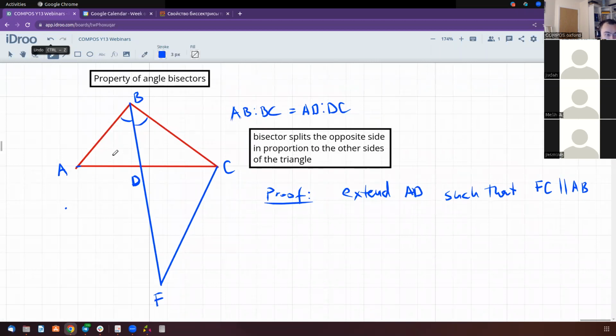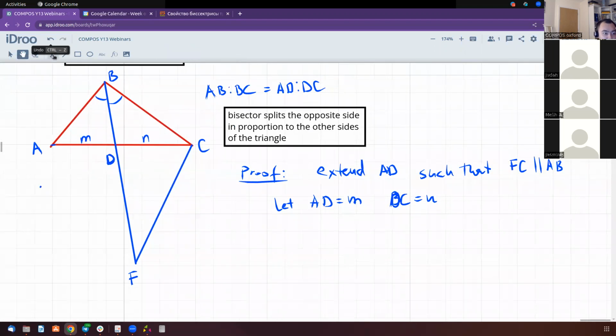Now, let's say that AD equals M and DC is N. So we've extended. These are parallel lines. So AB is parallel to CF and BF is a transversal.